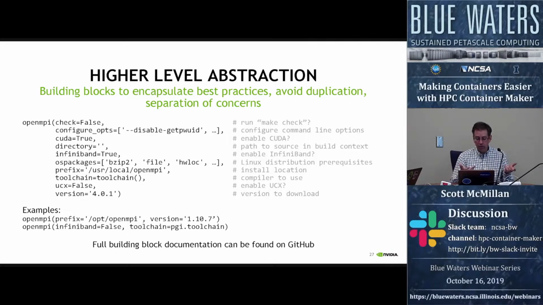So if you wanted to use version 1.10.7, you could do something like the example below and just say version equals 1.10.7, and that's what HPCM would generate for you. You can also do things like set the toolchain. So if you wanted to build with an alternative compiler like PGI or Clang or something like that, there's a very easy way to do that as well. So it's this higher level interface to working with container specification files.